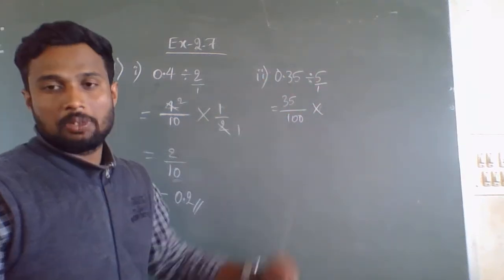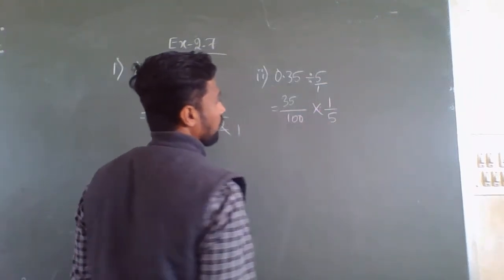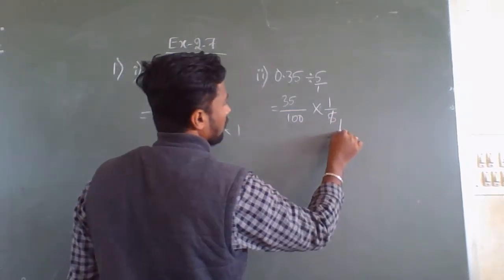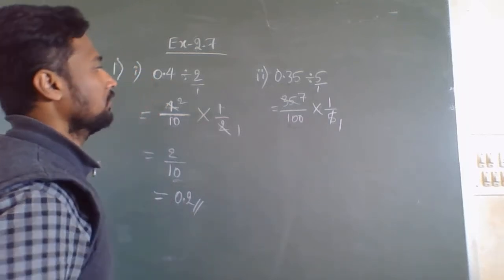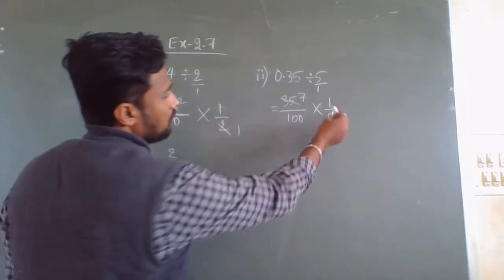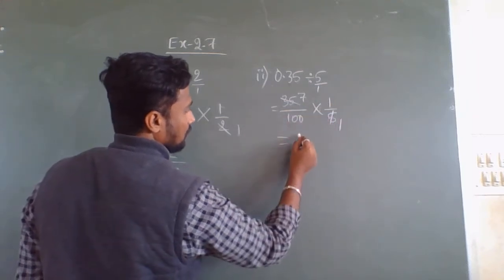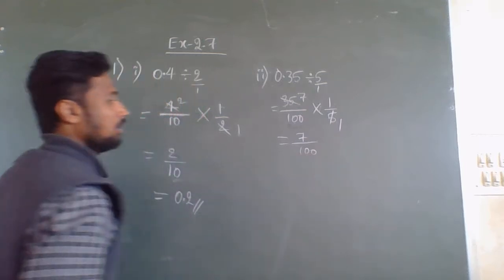So 5 by 1 means reciprocal of 5 by 1 is 1 divided by 5. Okay. So now you can see 5 ones are 5, 5 sevens are 35. Cross division, 5 ones are 5, 5 sevens are 35. Next 7 ones are 7, 100 ones are 100. 7 divided by 100 we got.